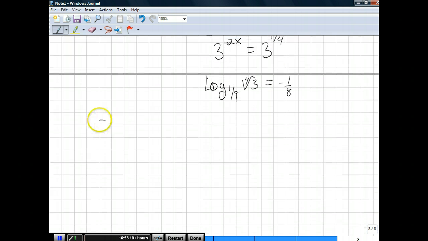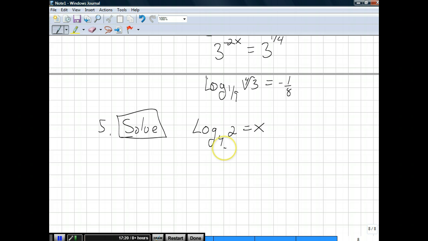Okay, number 5. Now this one says solve because notice that it's already set equal to x. Okay, so you don't have to do it yourself as we did in the previous two problems. That's why this one says solve as opposed to evaluate, because it's already set up as an equation.